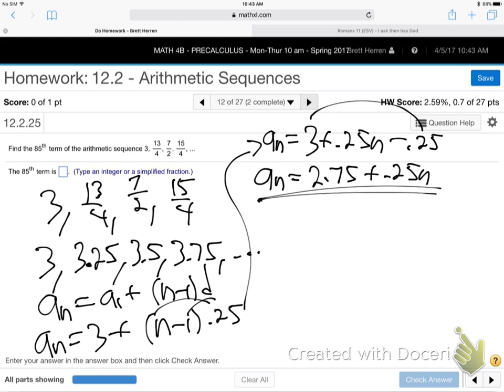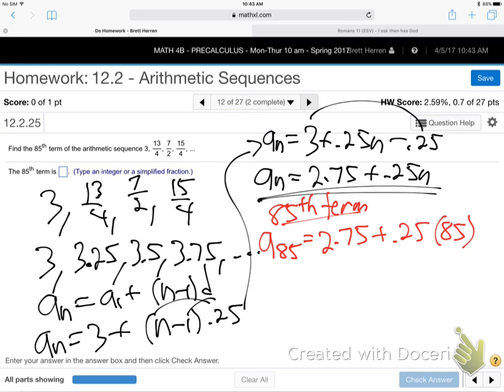And then if we want to find the 85th term, plug in A sub 85. Oops, I'm messing up here. 2.75 plus 0.25 times 85. 2.75 plus, for 20, is it 20?